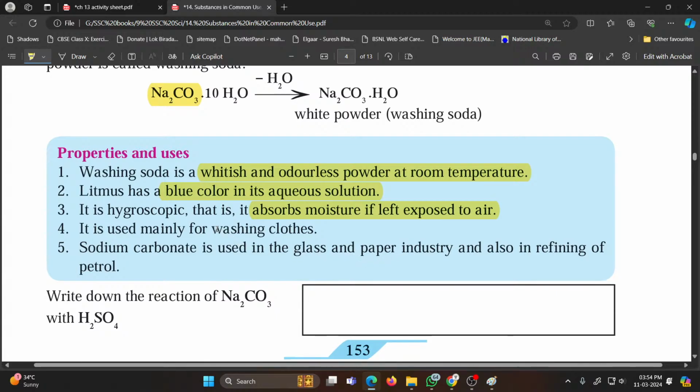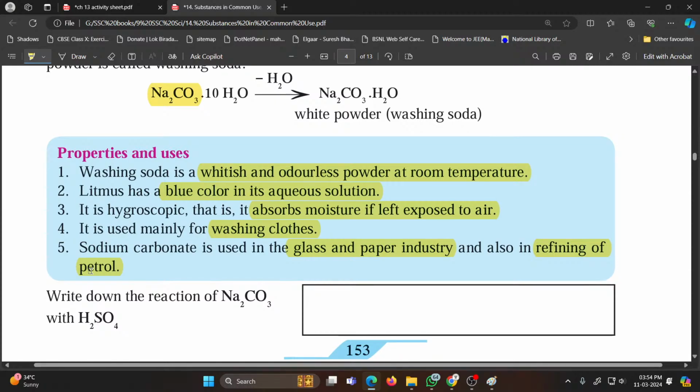Used mainly for washing clothes, as the name suggests, washing soda. Sodium carbonate is used in glass and paper industry, also in refining the petrol. So you have to remember the properties. White powder, odorless.